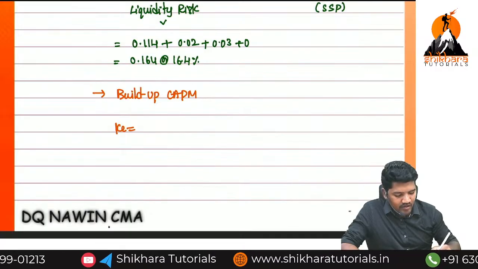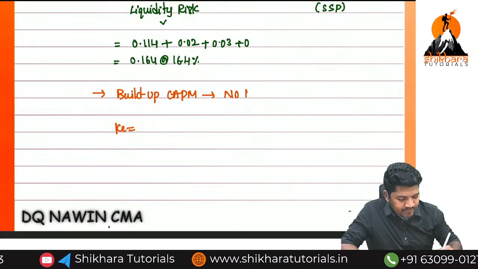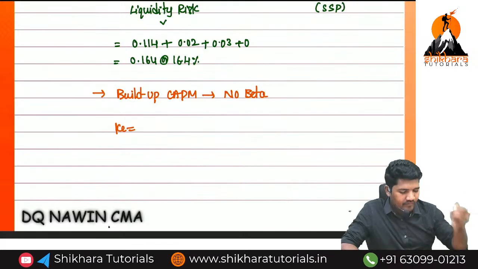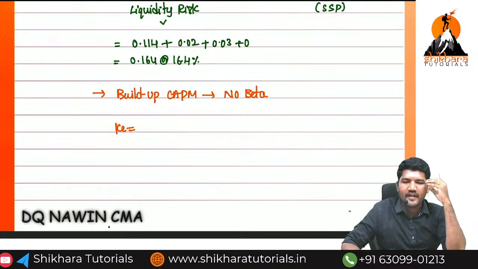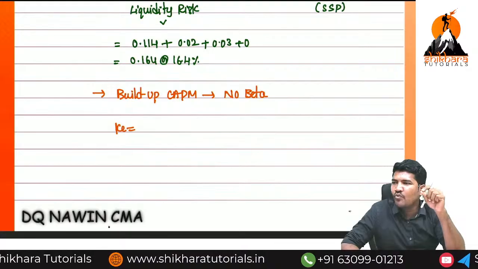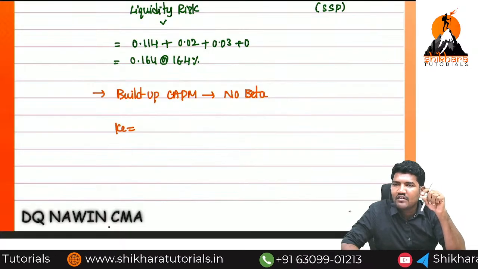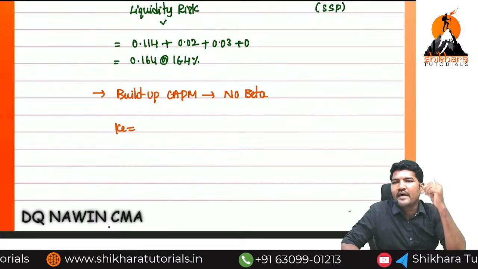No, sir. Inside, write it down: no beta. If there is no beta, how to calculate? You can observe in the solution also, they used a word called omitted. Guys, clear? Instead of omitted, I used the words no beta.